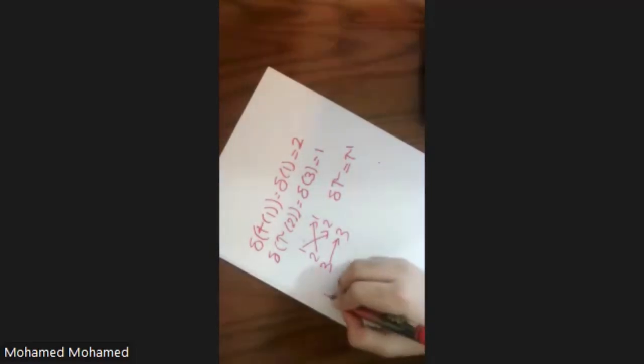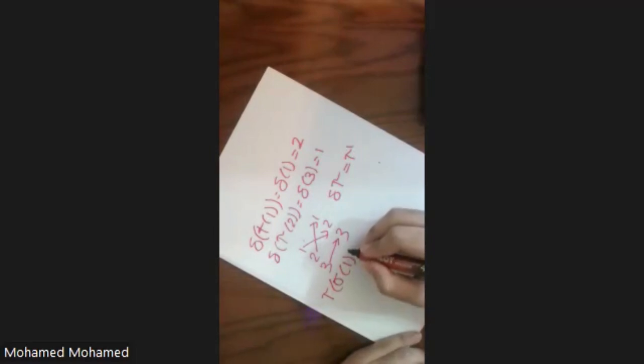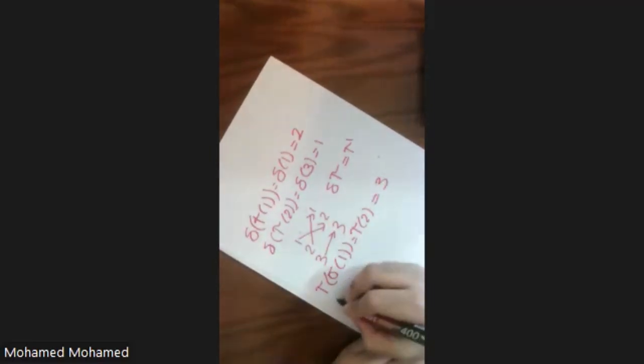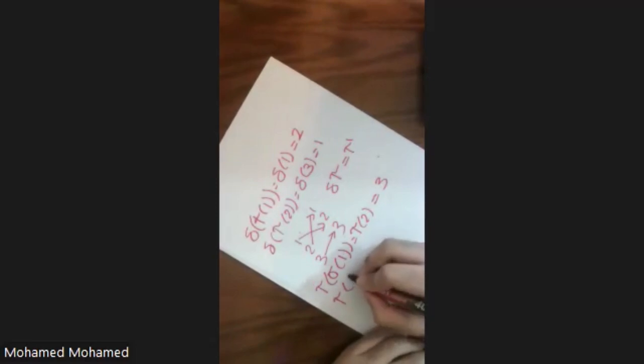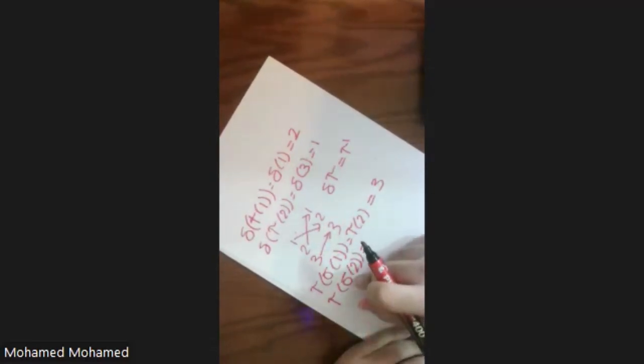But what about tau sigma? Tau sigma of one, sigma takes one to two, so it will be tau of two. Tau of two is three. And tau of sigma of two, sigma of two is actually three, so it will be tau of three, and tau takes three to two, so it will be two.